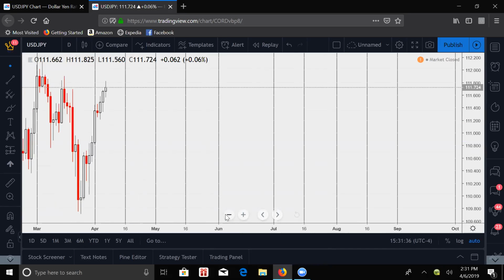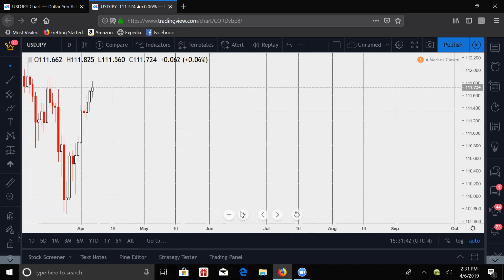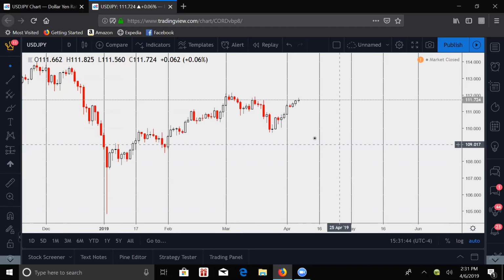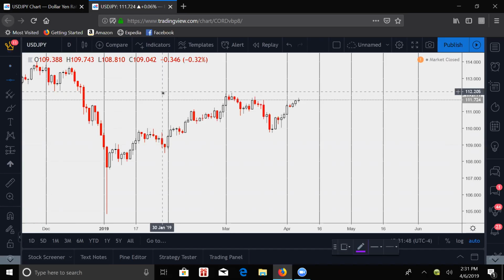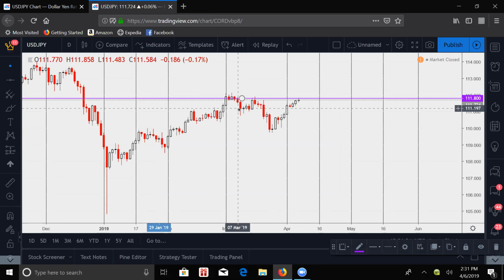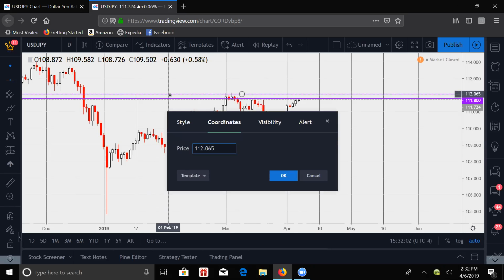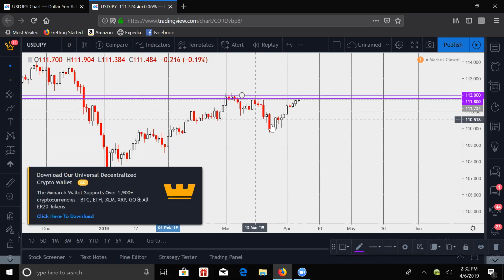remove everything that I have on this chart. So we can see price is near this resistance area. Price obviously hasn't broken through it yet, but it possibly still can.